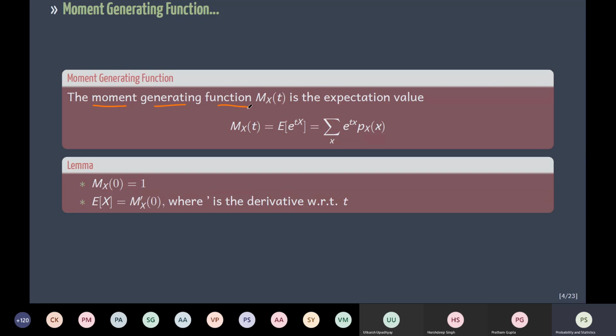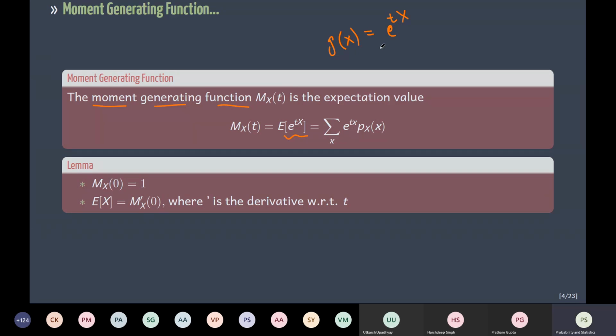It's denoted by M x of t. The moment generating function is the expectation of e to the t x. So e to the t x is a function of some random variable, where t is the parameter here.